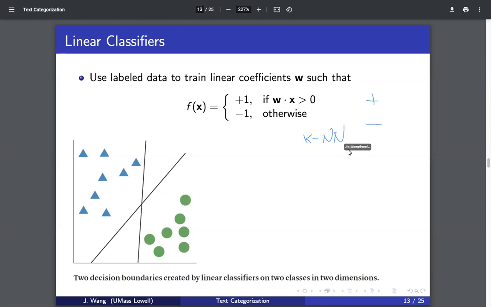And then we looked at a language model based classifier called naive Bayes.